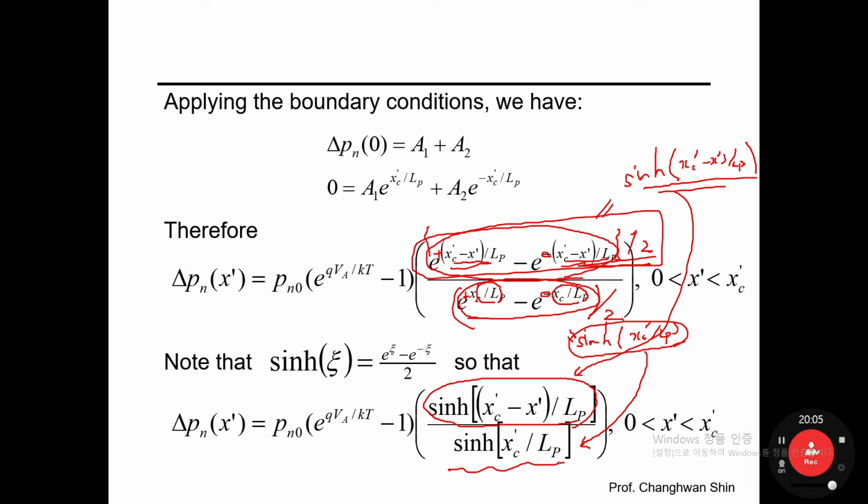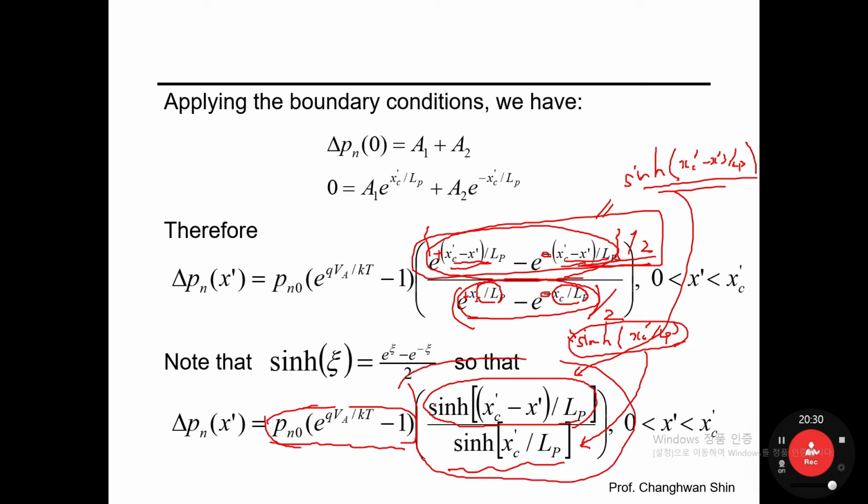All right, so delta p sub n as a function of x prime can be written as p sub n naught times exponential of QVA over KT minus 1. That is very identical to the form that we obtained and looked at in the ideal diode analysis, but a second term has been added.